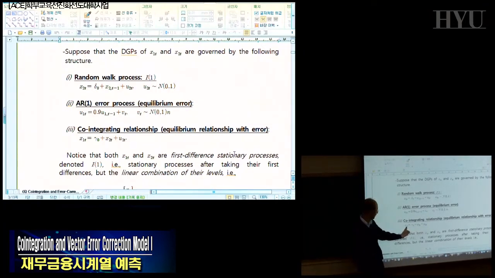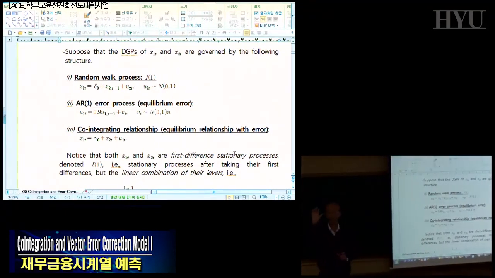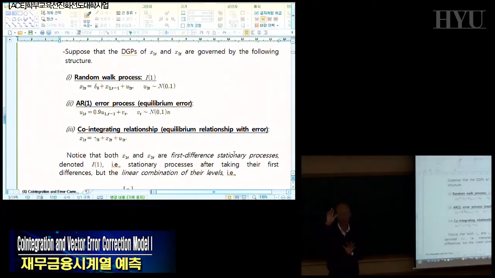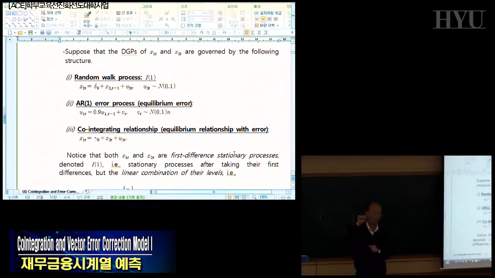Because I(1) has to be I(1). If you assume this one, that doesn't mean that this one has to be I(0). This equality will not hold, right? So what I'm saying is, suppose you test it and know x1t and x2t are I(1), non-stationary variables. Okay.